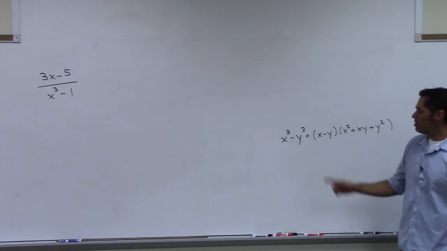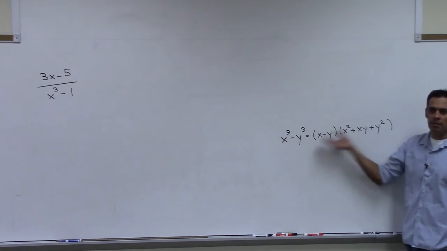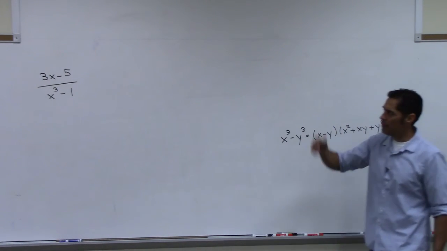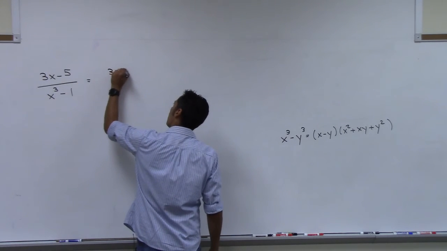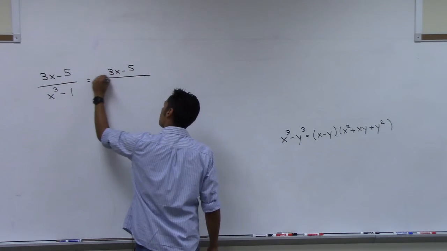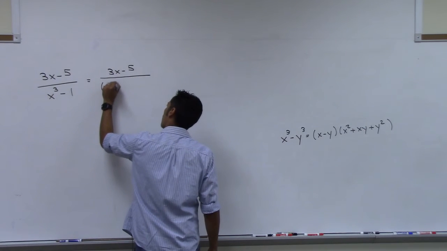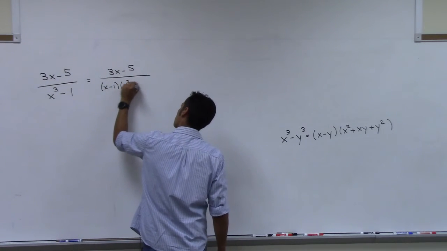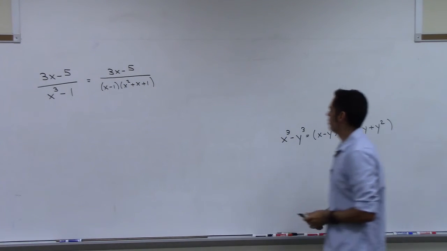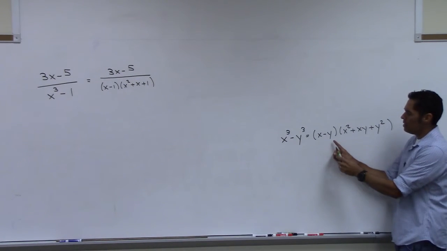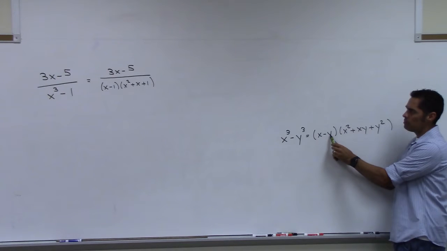All right, so just replace your y with 1 and rewrite this, because that's what we have up there. And this becomes 3x minus 5 over x minus 1 times x squared plus x plus 1. Yes. So that's just me replacing all of these y's with 1's.